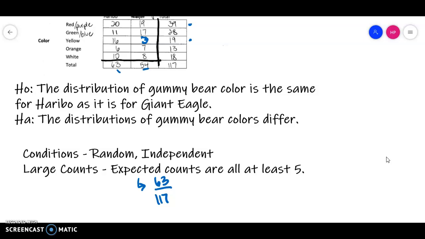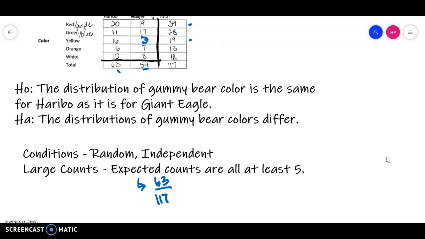That breakdown, then, it's essentially weighted so that the Haribo should have as many. So this 63 out of 117 is equal to about 54%.